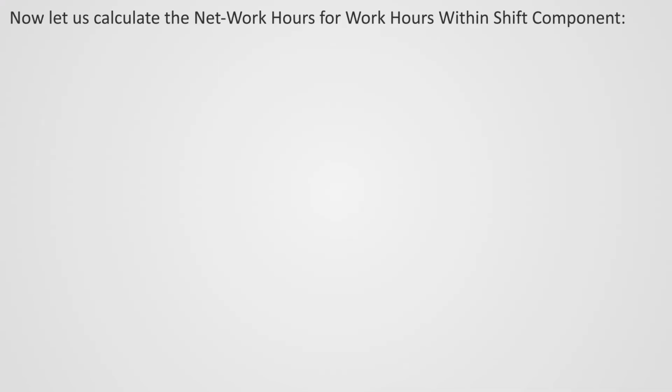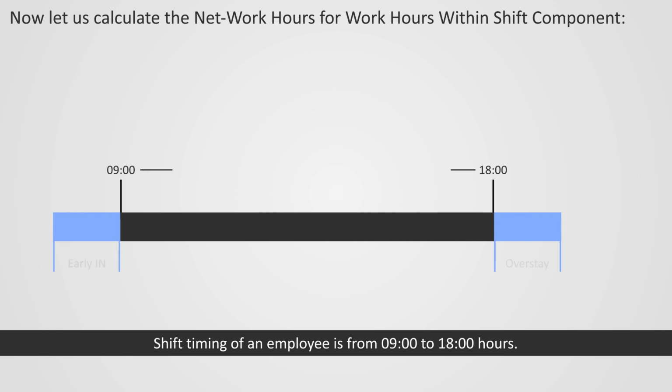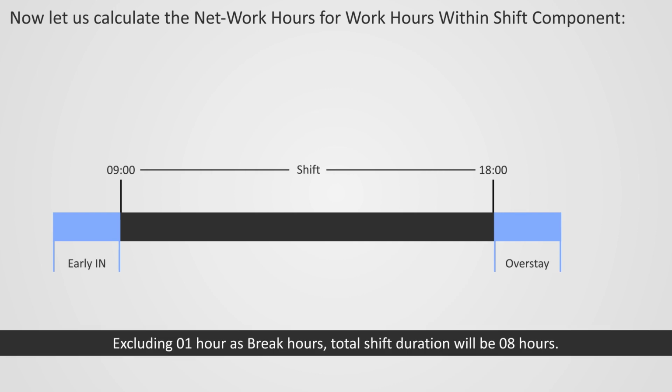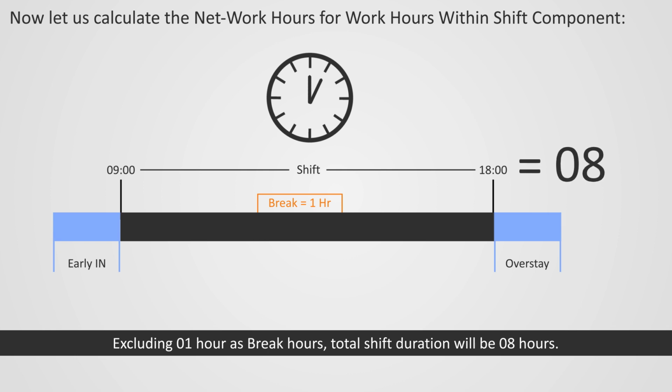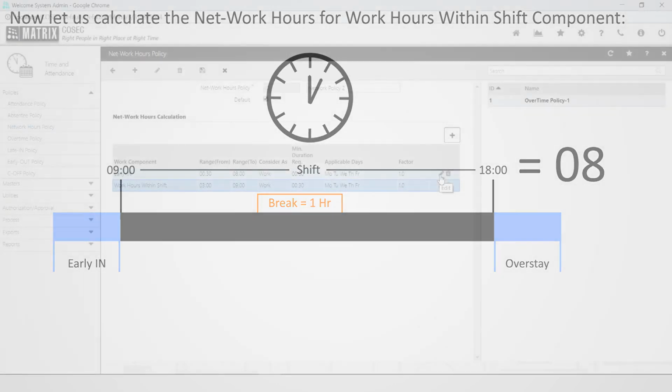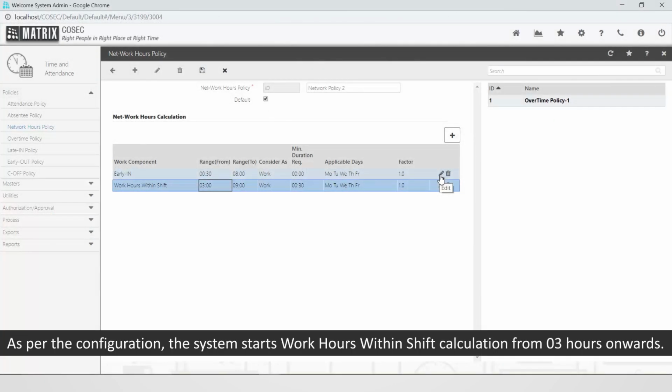Now, let us calculate the net work hours for work hours within shift component. Shift timing of an employee is from 9 to 18 hours. Excluding 1 hour as break hours, total shift duration will be 8 hours. As per the configuration, the system starts work hours within shift calculation from 3 hours onwards.